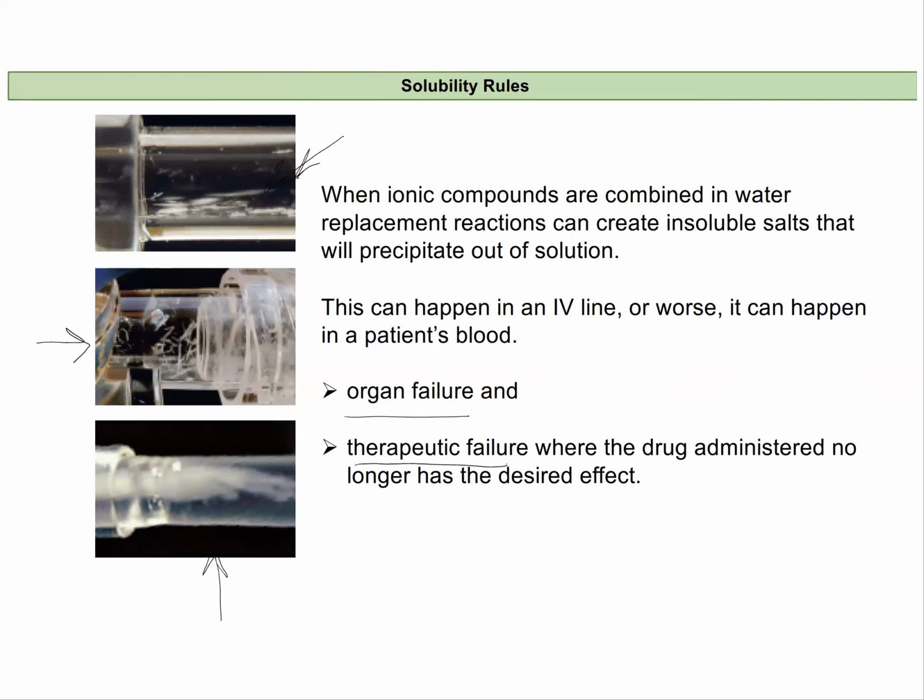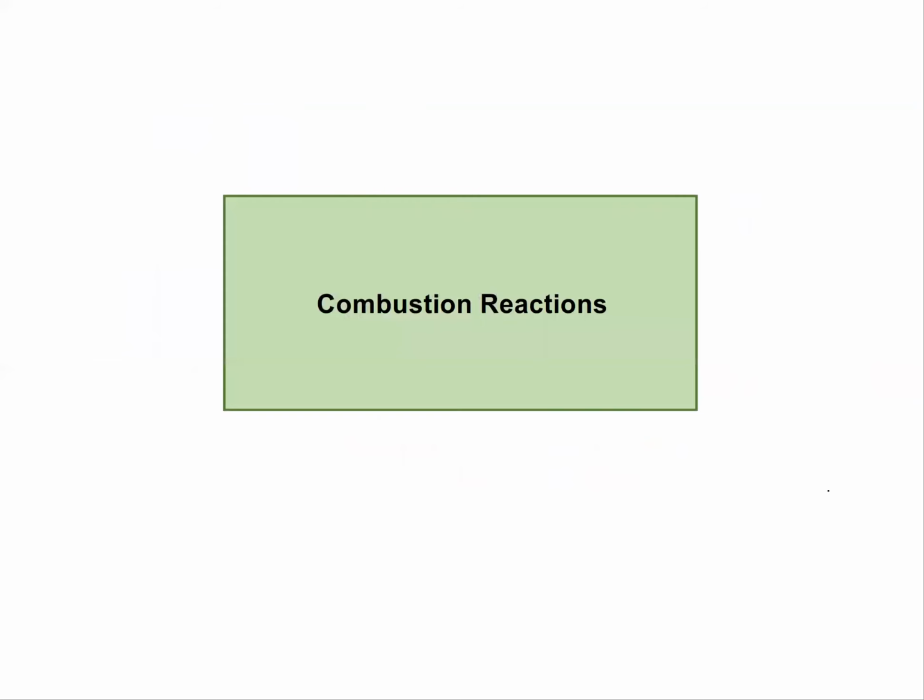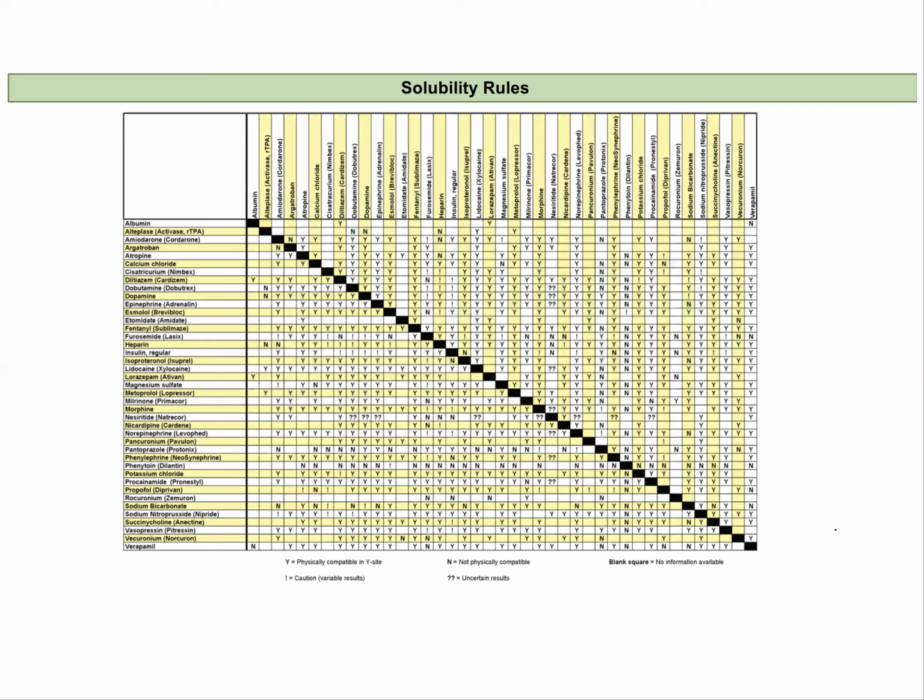And so while administering a certain amount of a drug, the patient is not effectively getting that dosage. And so you see these compatibility charts that look like this in hospital settings that allow nurses to quickly make sure and double check that the solutions that are being combined are in fact compatible.